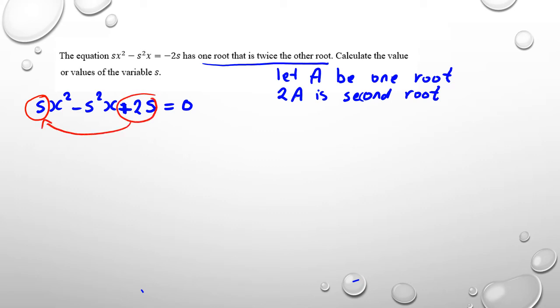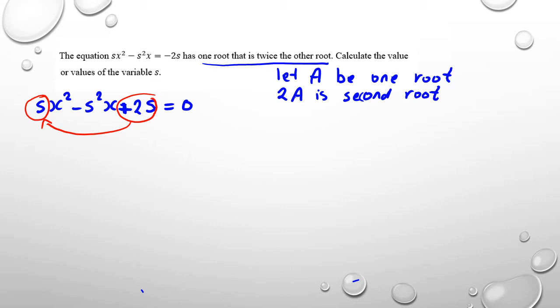And then we look for factors that add up to the middle term. Which means that a times 2a should give me s times 2s.